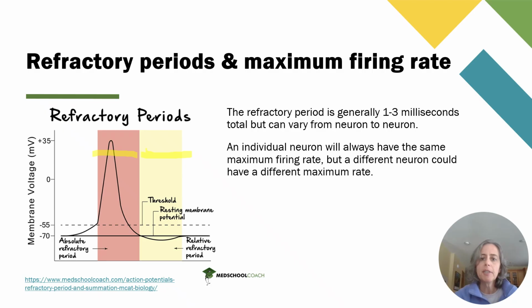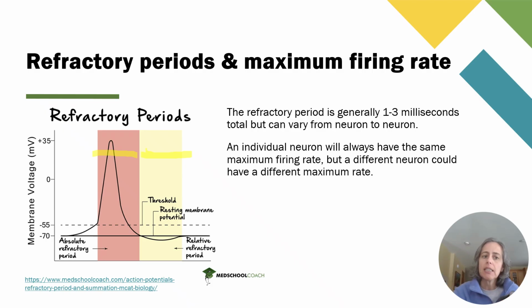So the refractory period is generally 1 to 3 milliseconds, right? So those are thousandths of a second, but it varies from neuron to neuron. We're going to talk a little bit about that in a minute. So if you think about, okay, it's 3 milliseconds, that means I could send about 333 signals per second. That's amazing. It's incredible. It's insane, actually, when you think about it.